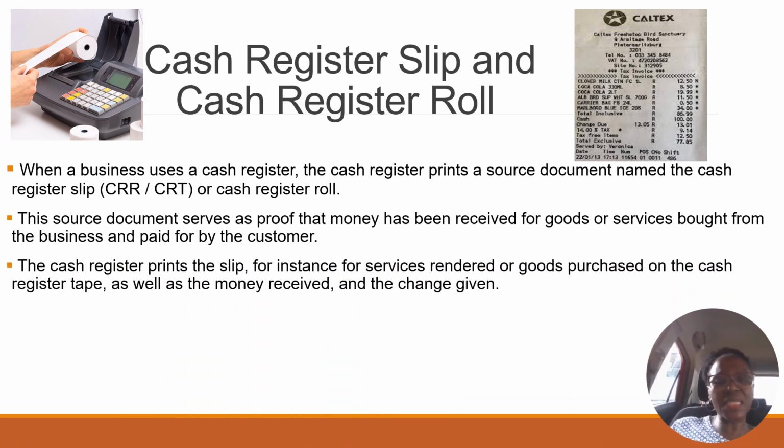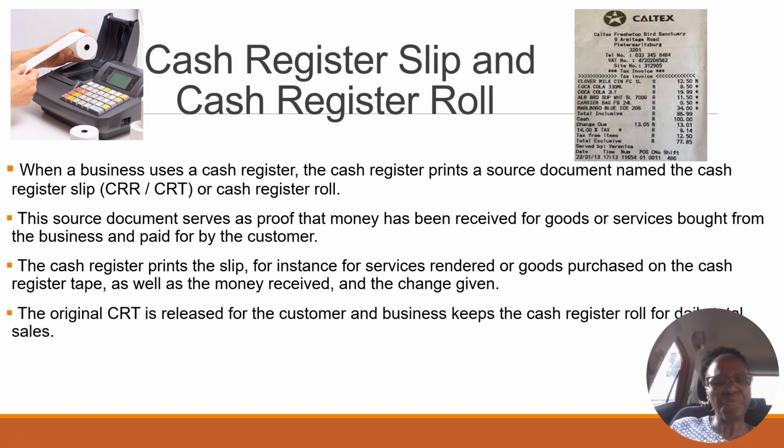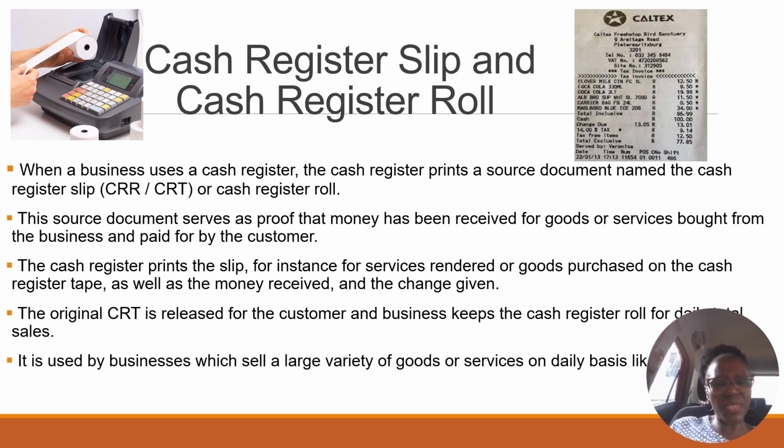The cash register prints the slip, for instance, for services rendered or goods purchased on the cash register tape, as well as the money received and the change given. The original cash register tape is released for the customer, and businesses keep the cash register roll for the daily total sales of that particular day.